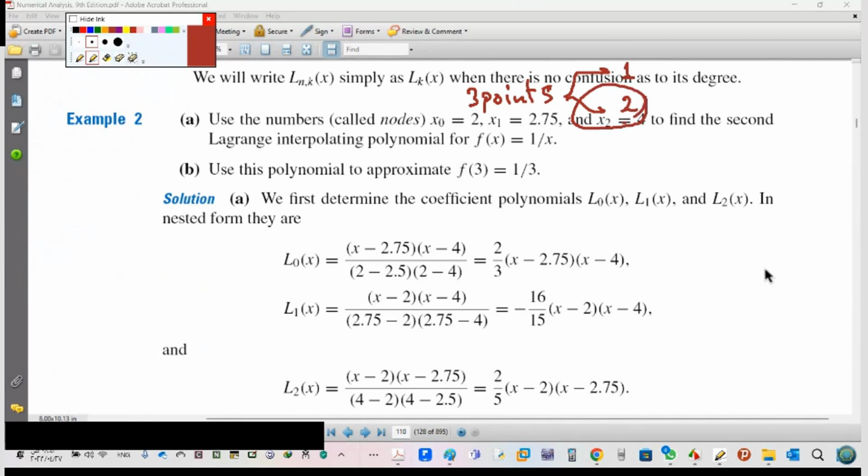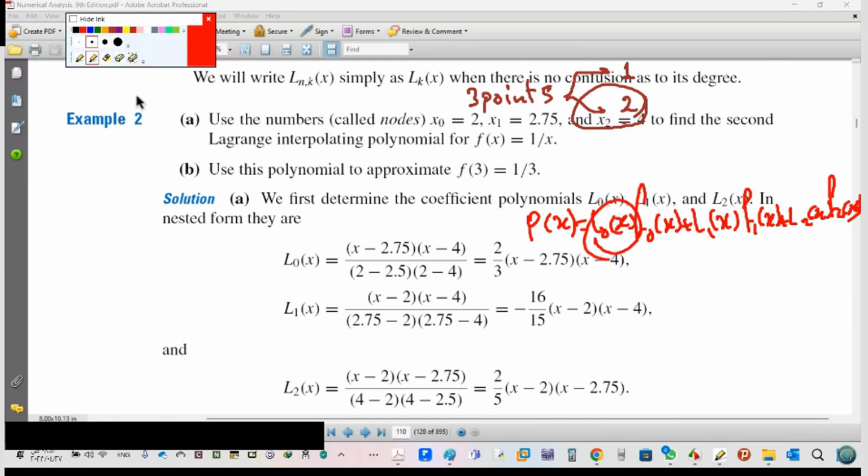So I have 3 points and I want to write the formula. It will be like this: P(x) equals L0(x) f(x0) plus L1(x) f(x1) plus L2(x) f(x2).